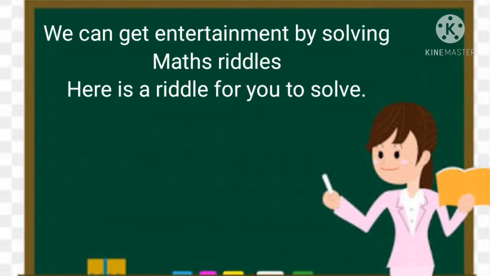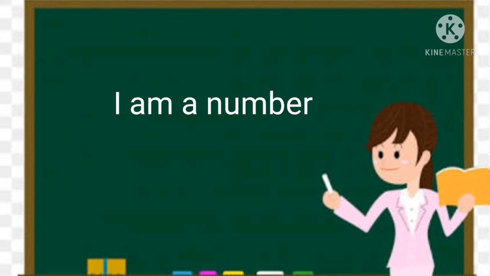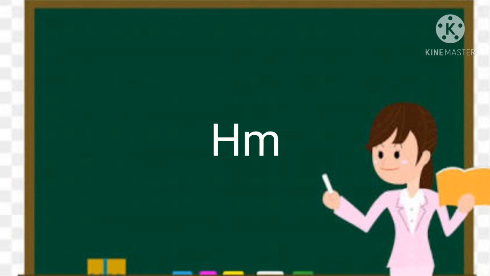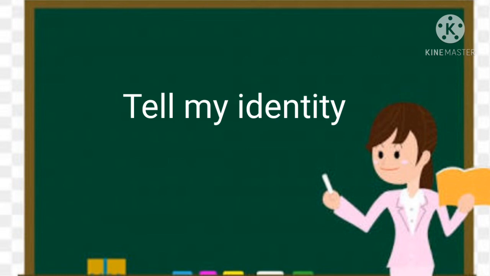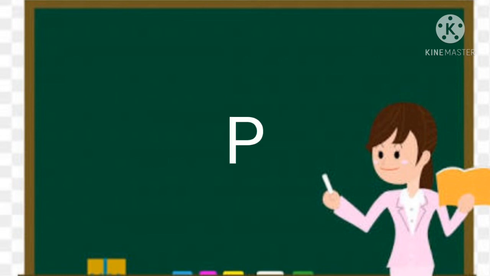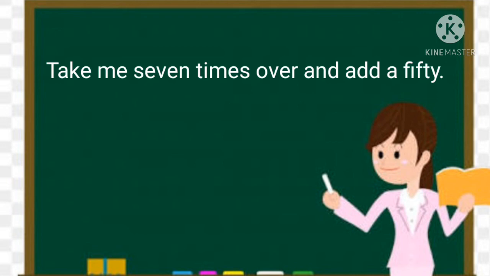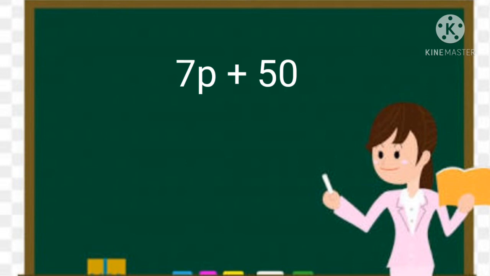Children, do you know we can get entertainment by solving maths riddles? Here is a riddle for you to solve. Okay, ma'am. Now listen carefully. I am a number. Tell my identity. It's p, ma'am. Take me 7 times over and add a 50. 7p plus 50, ma'am.